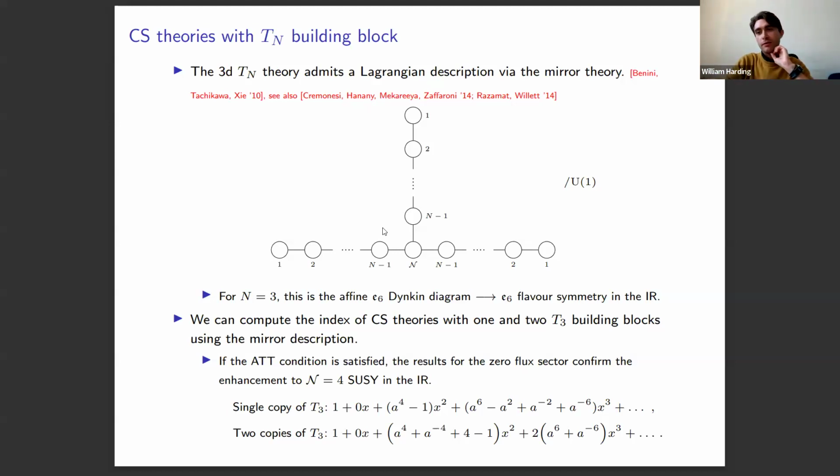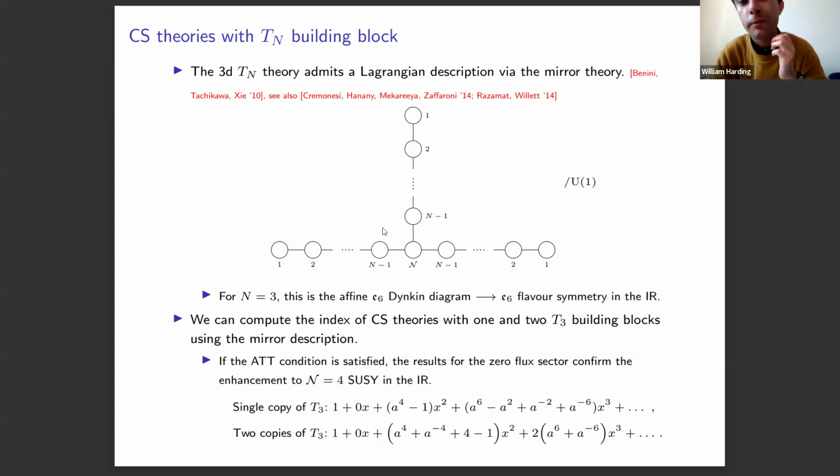So the computation is really difficult and takes a lot of time. So we are not sure about our computation for the T_3 case when the Chern-Simons levels do not satisfy the ATT condition. We didn't find any signal of SUSY enhancement, but maybe this is due to the fact that we should have summed over more magnetic fluxes for each of the three T[SU(3)] building blocks of the mirror description. But this takes a lot of time, so computationally it is difficult to do.